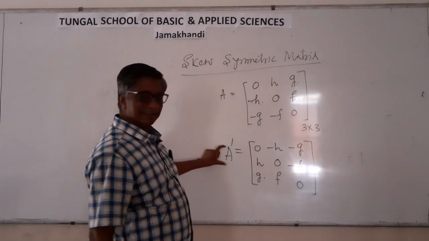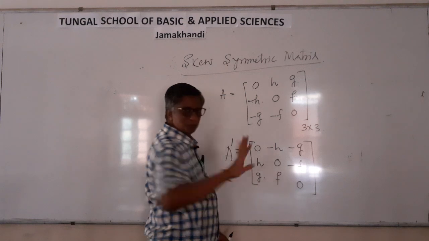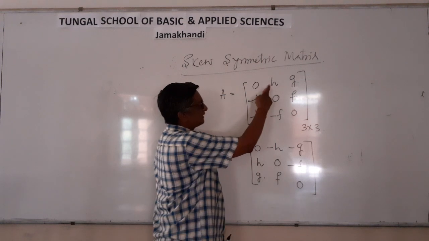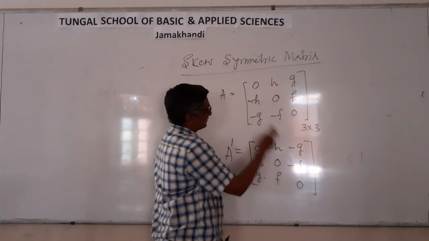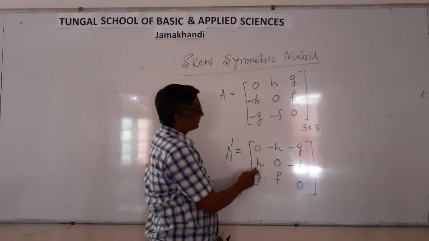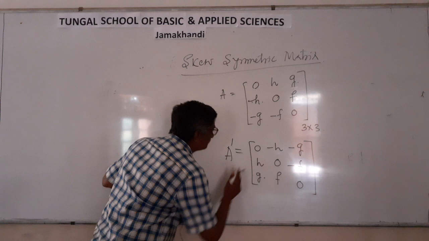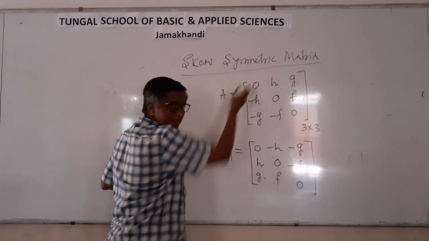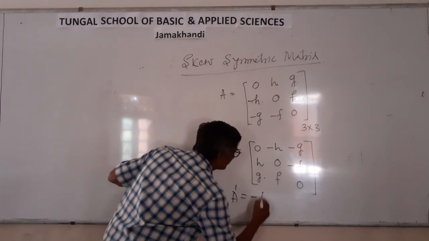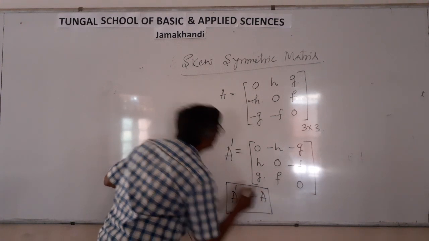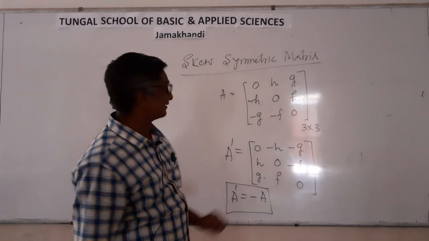A is here, A dash is here. The zeros, no problem. But here is H, here is minus H; here is G, here is minus G. If you take minus common, you get again A, that is A dash equal to minus A. Then this matrix is known as a skew symmetric matrix.